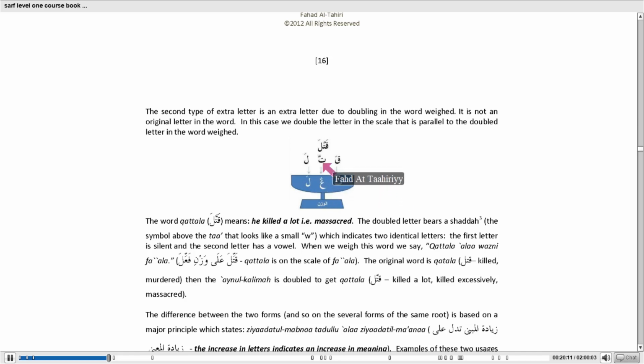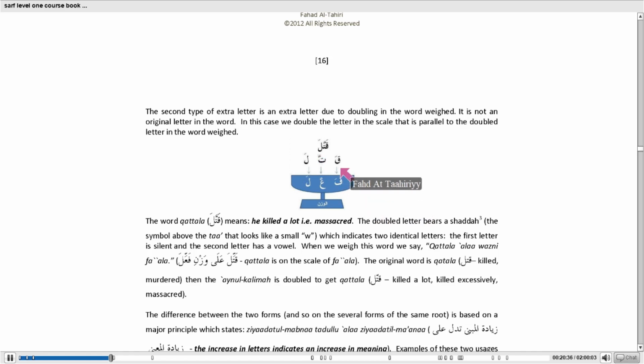So for example, qatala. Just imagine there's no shadda here, and we'll explain what a shadda is. Let's say it is qatala, just the qaf and the ta and the lam.